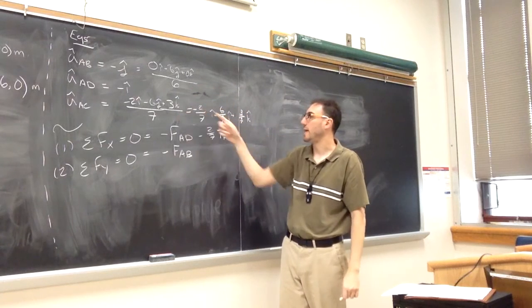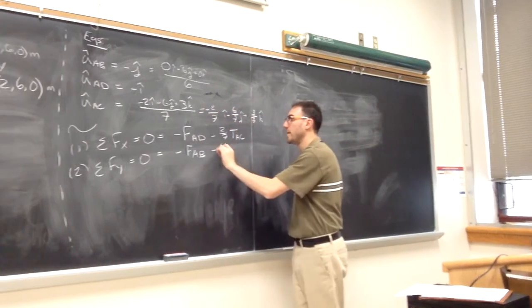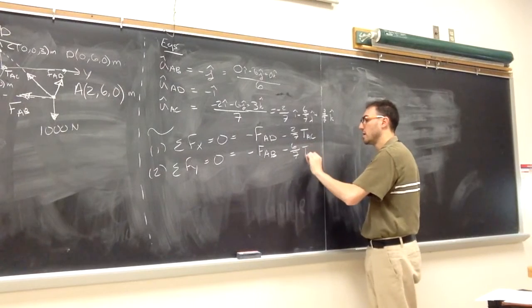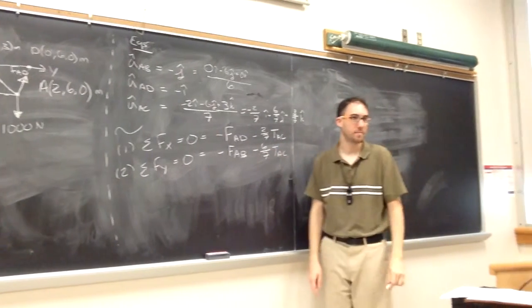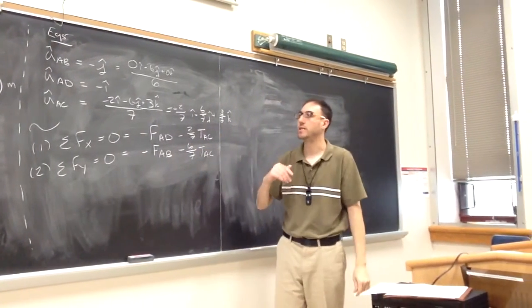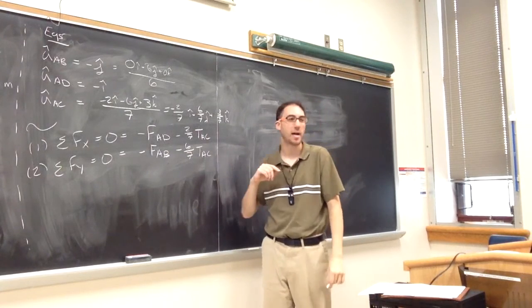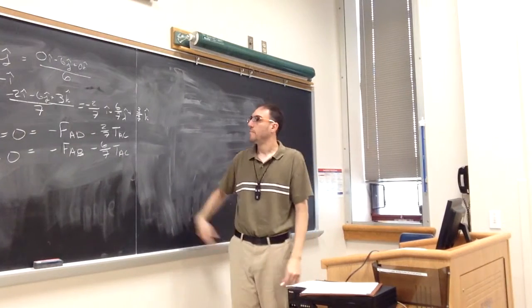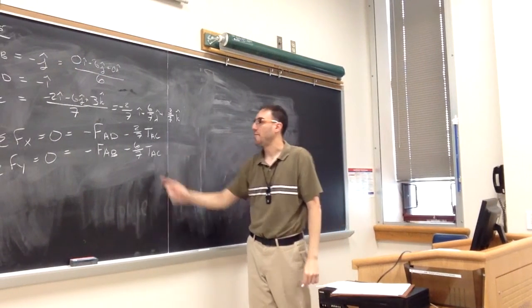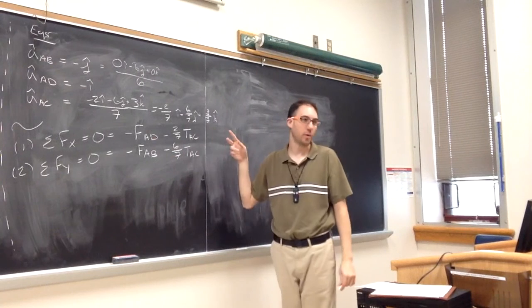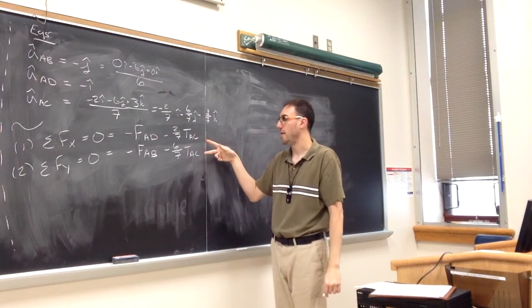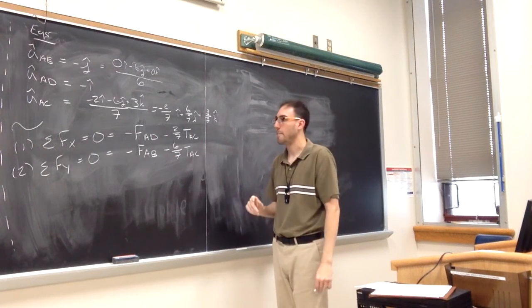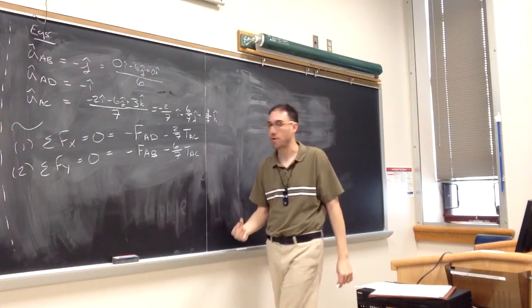And the tension in AC has a j component, so that will be -6/7 times TAC. Again, the weight is only in the z direction, so it is also not in this equation. Looking at my equations so far, I have 3 unknowns, but only 2 equations. So I can't solve anything for numbers yet, so I'll come back once I write my 3rd equation.